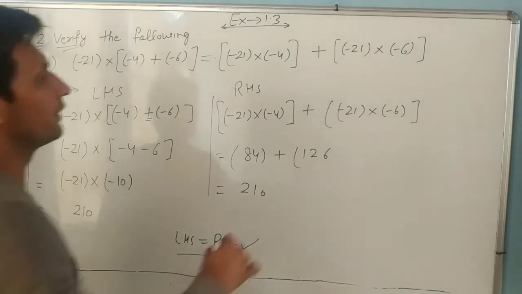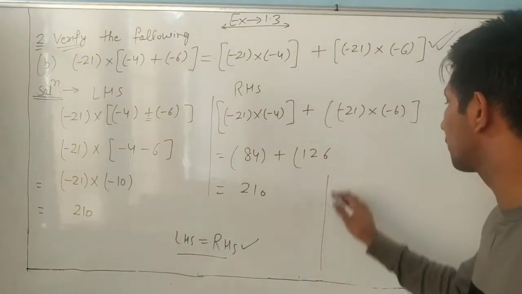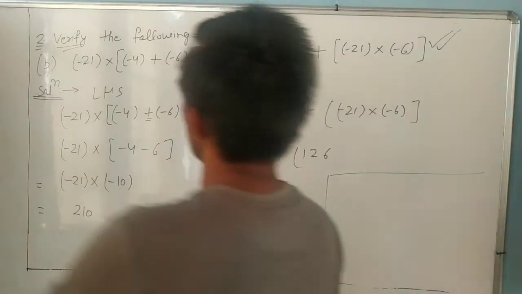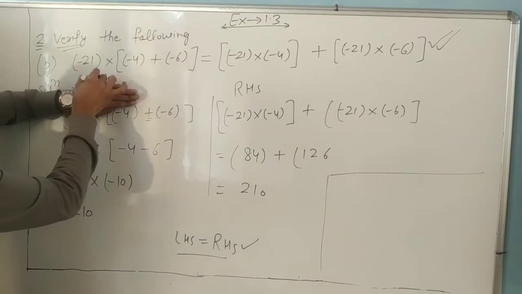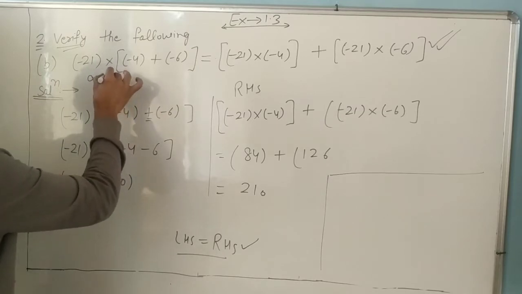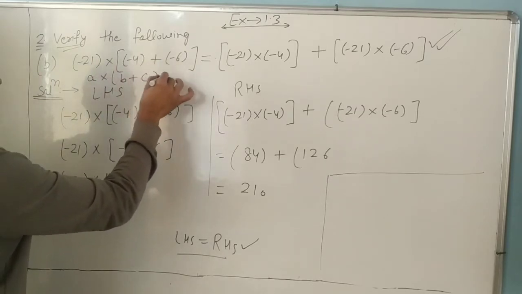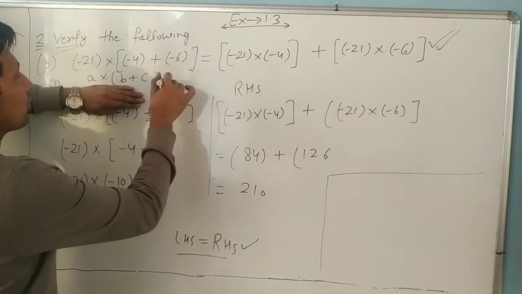And do you know which property we are using here? It is the distributive property. Suppose A is minus 21, B is minus 4 and C is minus 6. How do we open A into the bracket B plus C?